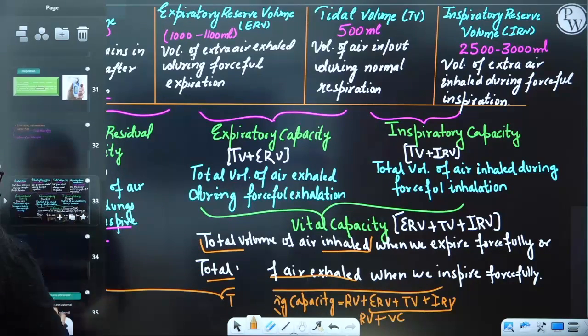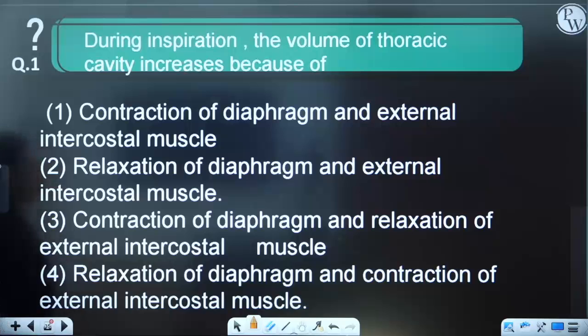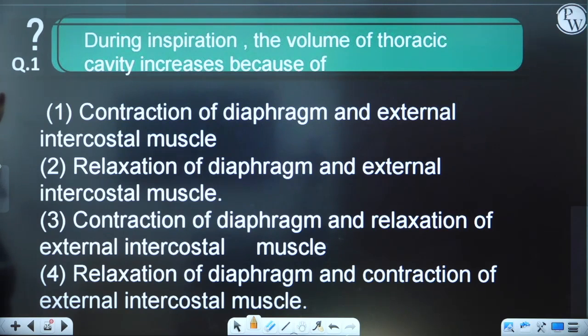All right, guys. Let's do some questions. During inspiration, the volume of thoracic cavity increases because of: contraction of diaphragm and external intercostal muscle; contraction of diaphragm and internal intercostal muscle; relaxation of diaphragm and external intercostal; contraction of diaphragm and relaxation of external intercostal; relaxation of diaphragm and contraction of external intercostal muscle.